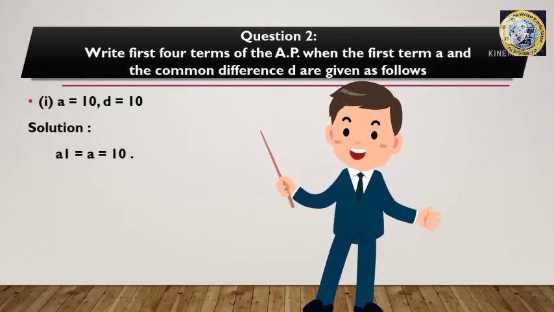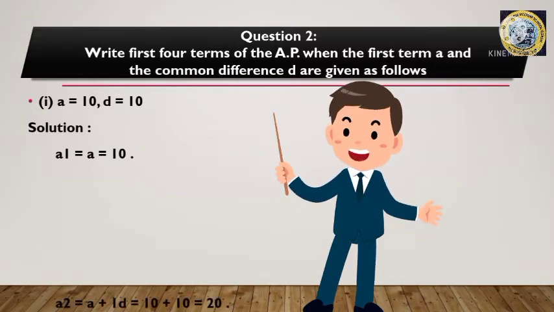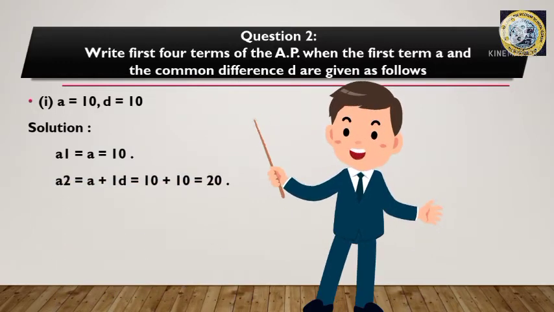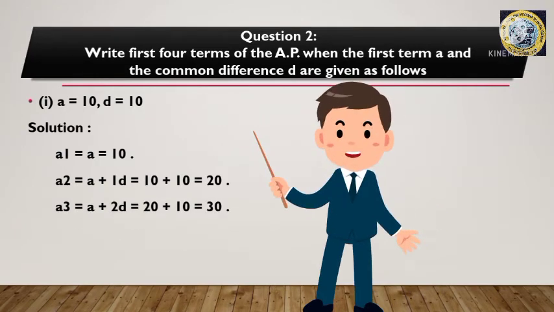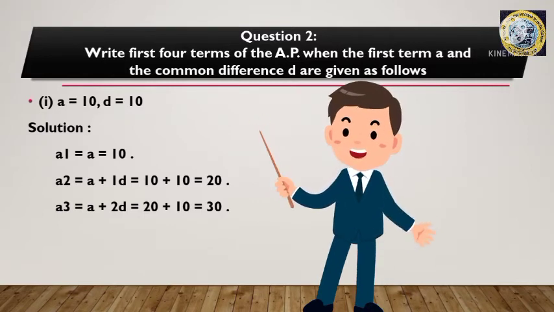Solution. Here the first term A1 is equal to 10. A2 is equal to A plus 1D, which is A value 10 plus D value 10. When we substitute, we get 10 plus 10 is equal to 20. A3 is equal to A plus 2D, which is 2 into 10 is 20, plus 10 is equal to 30.